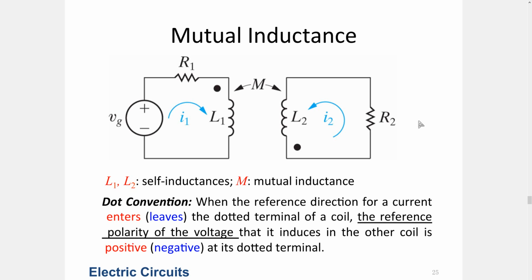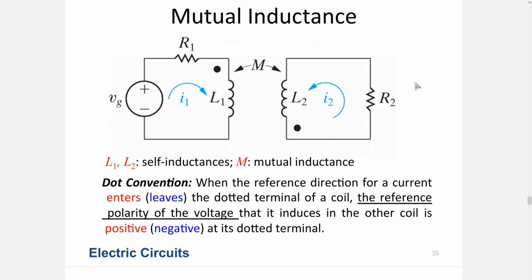And we have a dot convention, as you can see here in this circuit. It's essential to explain what that means. Basically, when the reference direction for a current enters the dotted terminal of a coil, the reference polarity of the voltage that it induces in the other coil is positive at the dotted terminal.